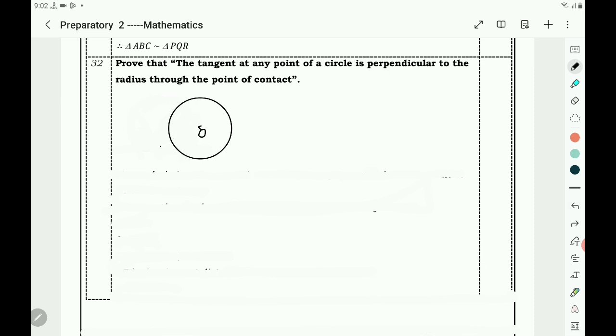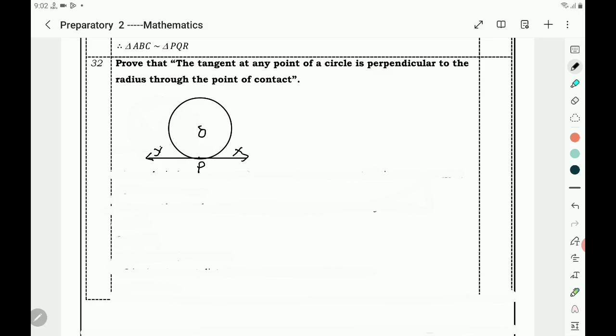Here you take a point P on the circle. At P, draw tangent XY. XY is a tangent at P.